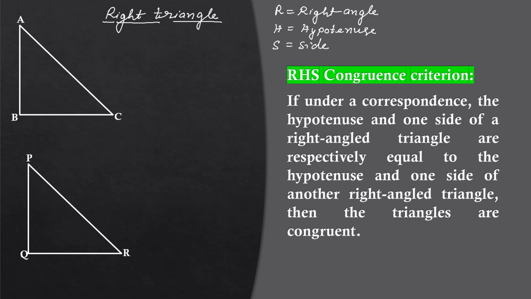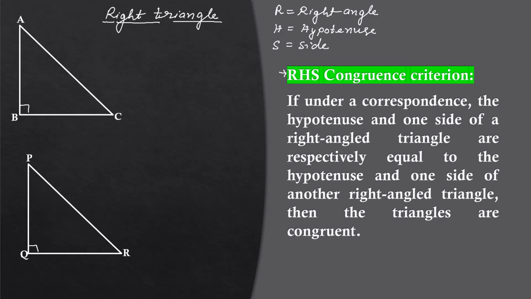So in a right angle triangle, if we want to use this RHS, the hypotenuse and one side of a right angle triangle are respectively equal to the hypotenuse and one side of another right angle triangle, then the triangles are congruent using RHS congruence criteria.